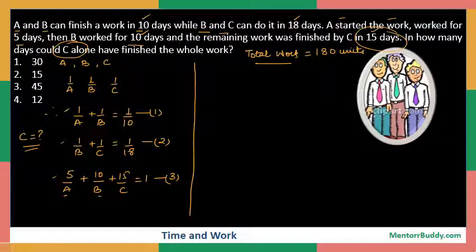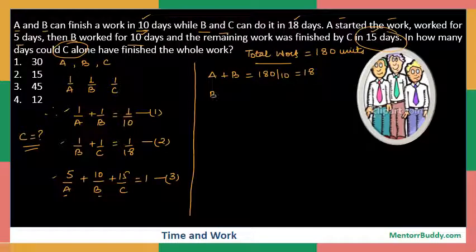Now A and B working together can finish the work in 10 days. So A plus B working together for 10 days finishes 180 units of work. So A and B can finish 180 by 10, that is 18 units of work in a day.